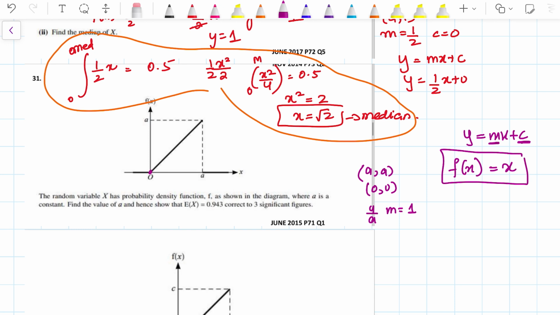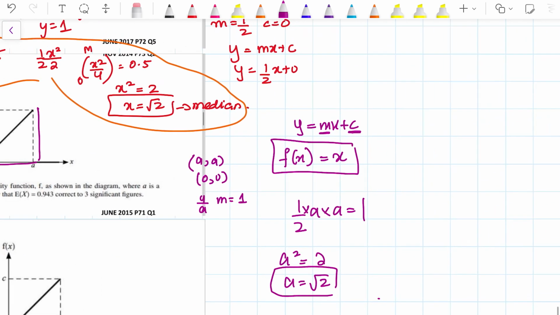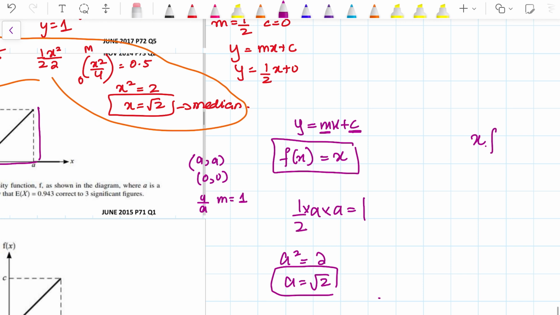How do we find out the expectation? Half into, now let's find out the value of a first. Base into height equals to 1. A square equals to 2, so a becomes under root 2. We also found the function. Now f of x integrated with full limit gives you the expectation.